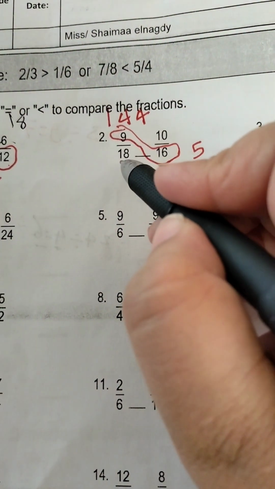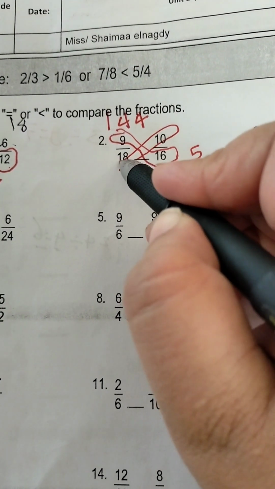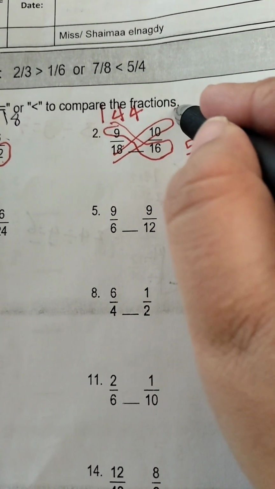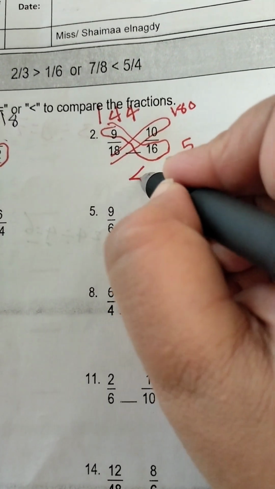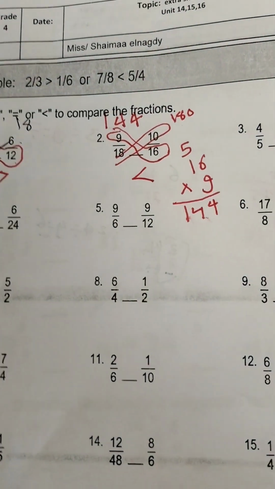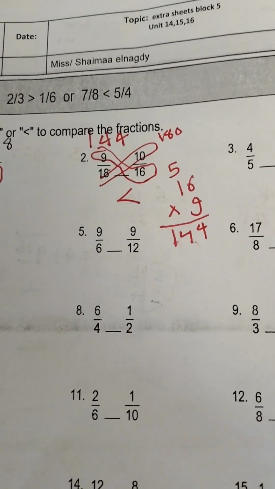Okay, and another one, 18 multiplied by 10 gives me 180. Who's the greatest? I find 180 is greater than 144.